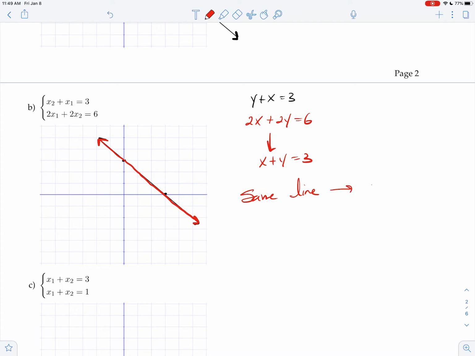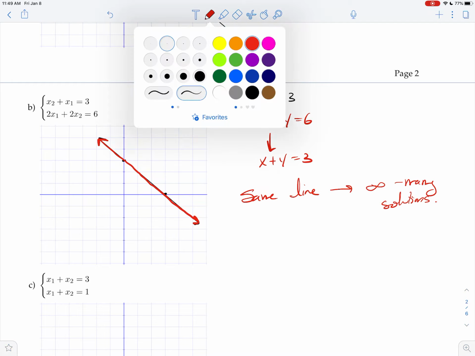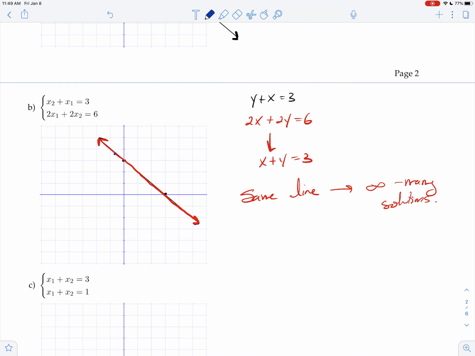Here, there are infinitely many solutions. And any point on this line is a solution. So there's a solution, and there's a solution, and there's a solution, right? There's infinitely many solutions. So the solution set to this system is actually all points living on that line.